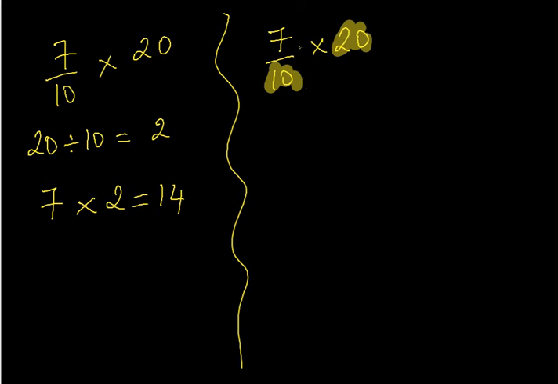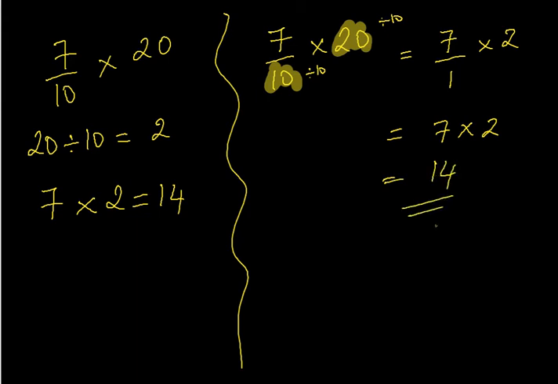So I can go ahead and divide that one by 10 and this one by 10. So I'm left with 7 over 1 times 20 divided by 10 is 2. And we know how to do those types of fractions. Just do 2 divided by 1, which is 2, then times it by the 7, so I'm left with 14. And you can see that it's the same answer. Yeah.